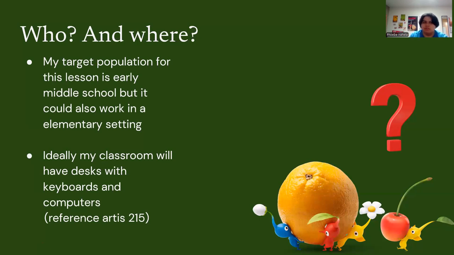It could work in a high school in a way, but it would have to be an entry level how to read music class. And that's kind of what I built it as, because that's my goal.